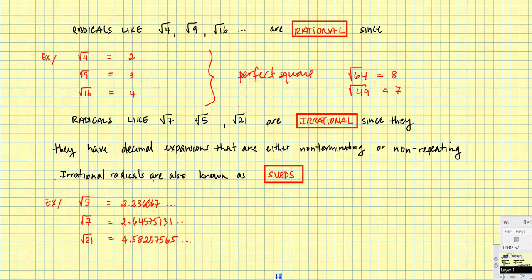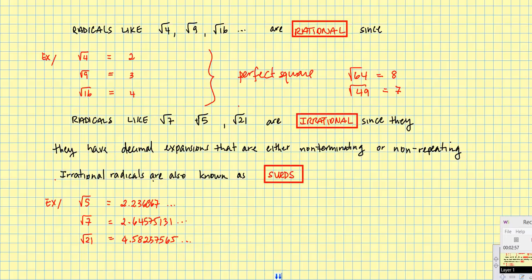Okay, so moving on, radicals like the square root of 4, the square root of 9, the square root of 16 are all perfect squares. They are considered to be rational, as we saw on the previous page, because they're perfect squares.